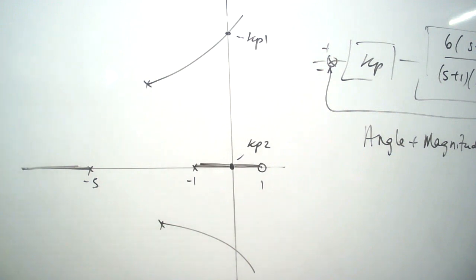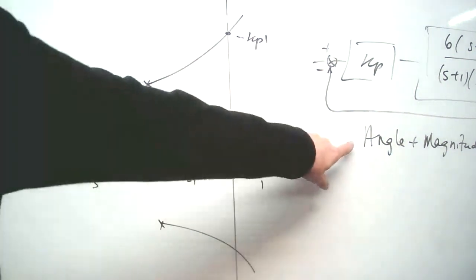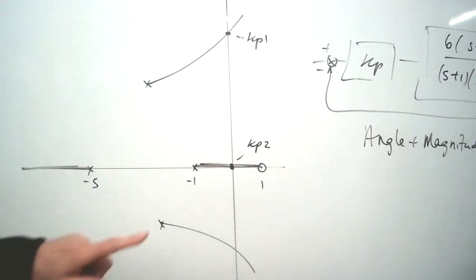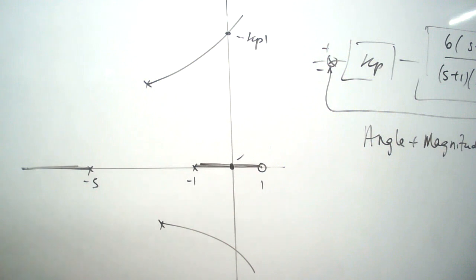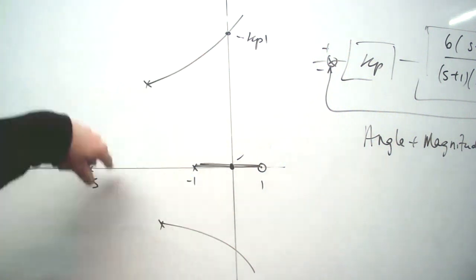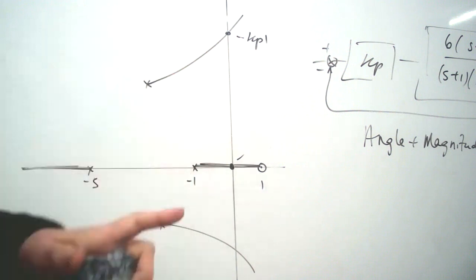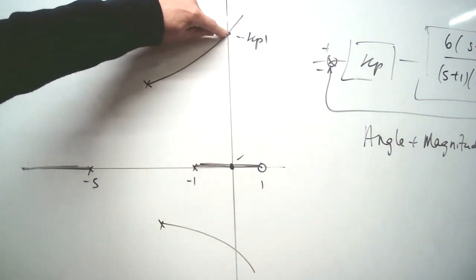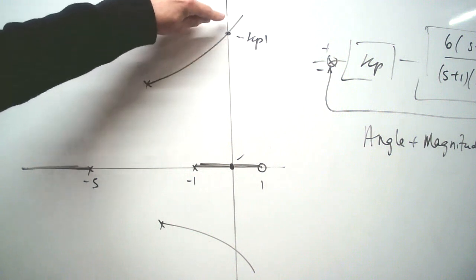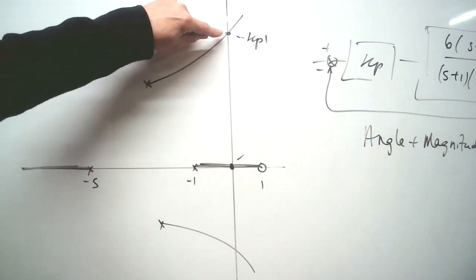So in order to do this now, we're going to have to use the angle criteria. And so we'll just go for KP1 first. So this is like a guessing game now. If you've done this in MATLAB, you'll know where this point is, because when it's sketch point, you can put your mouse on there and it'll tell you where it is exactly.